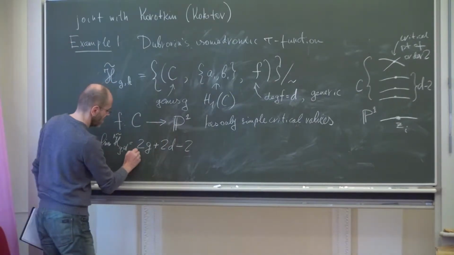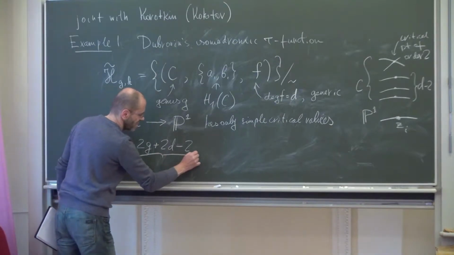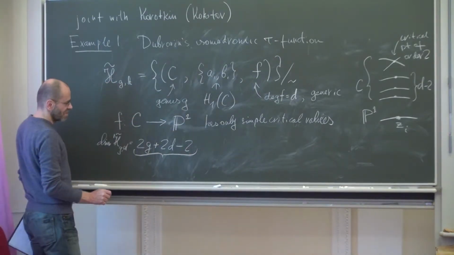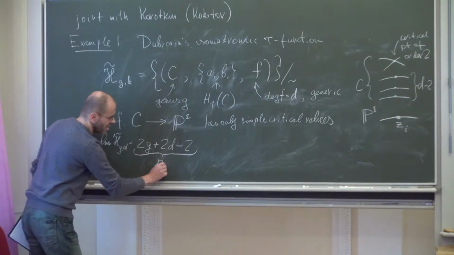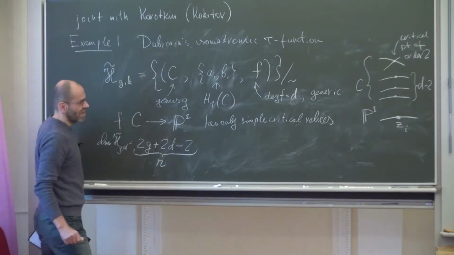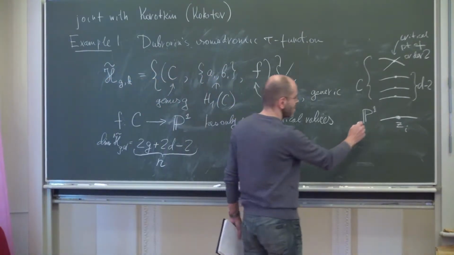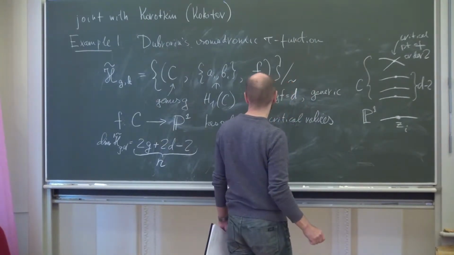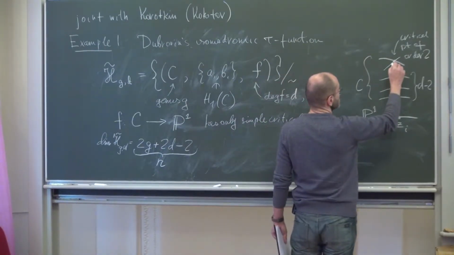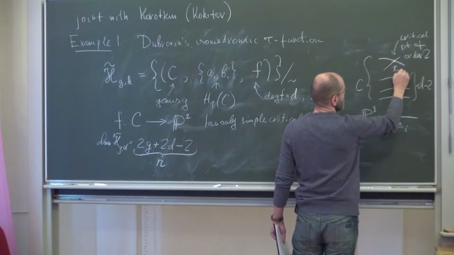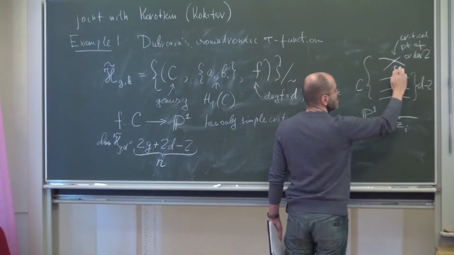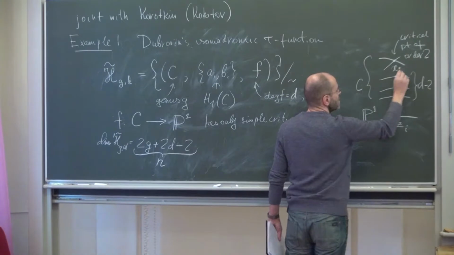And for the sake of convenience, I'll also denote this number simply by n. So there are n simple critical values, and there are n corresponding critical points that I'm going to denote by x_i.